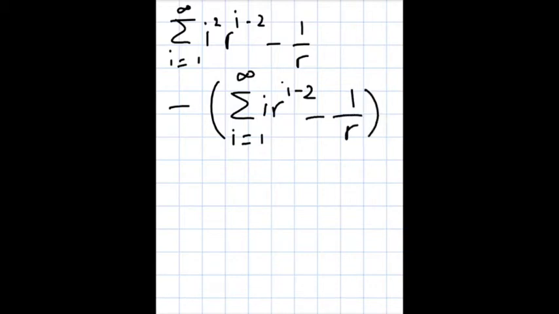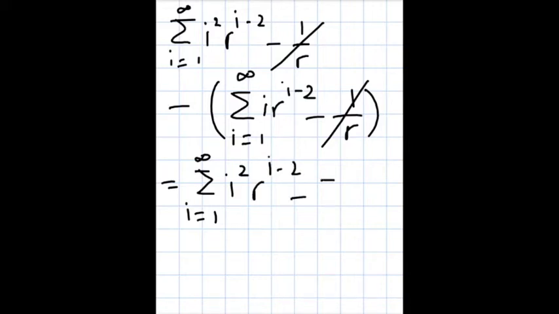So now you can see that this 1 over r and this 1 over r cancel out, and we are left with the sum from i equals 1 to infinity of i squared r to the i minus 2, minus the sum from i equals 1 to infinity of i r to the i minus 2.